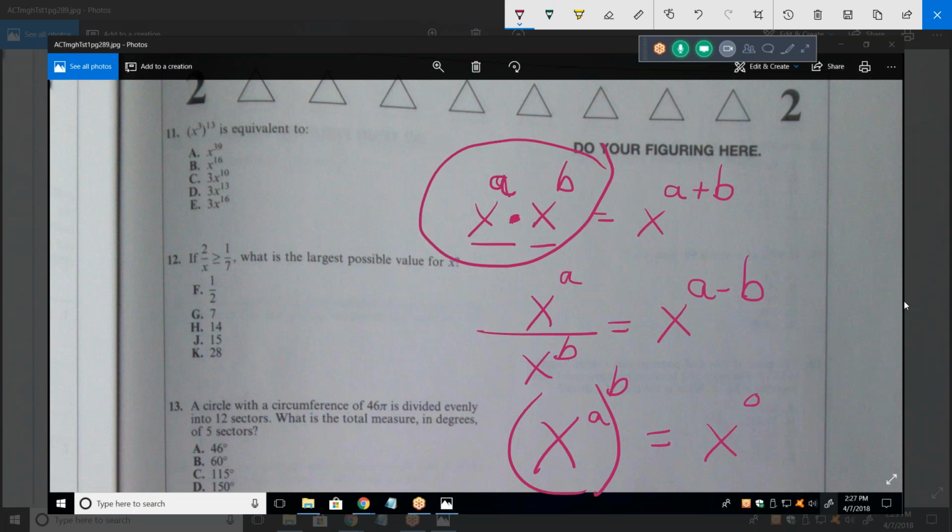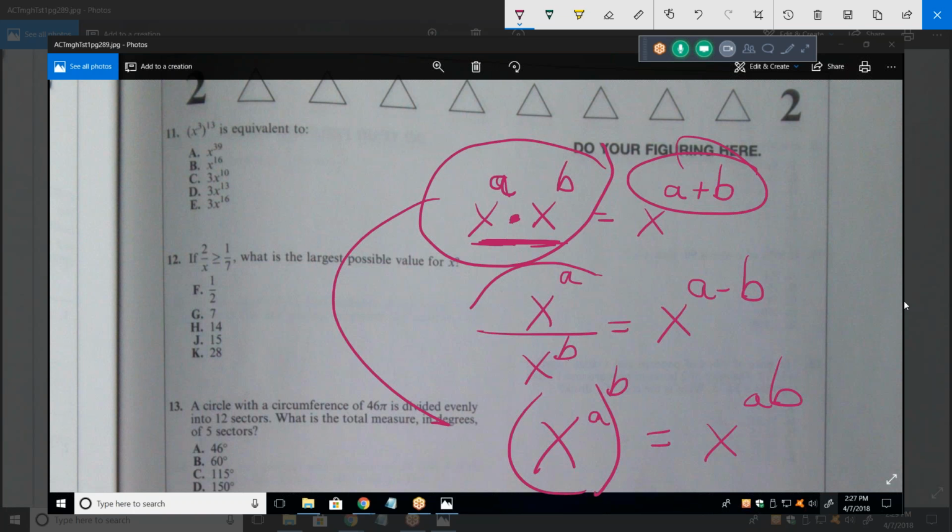Those are the only 3 rules you need to memorize. Seriously, that will get you every question right if you know these 3 rules. And the one consistent thing about these 3 rules is that you are never doing to the exponents what you are doing to the base. I am multiplying the base, I'm only adding the exponents.